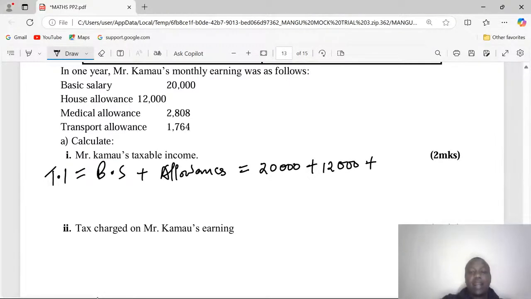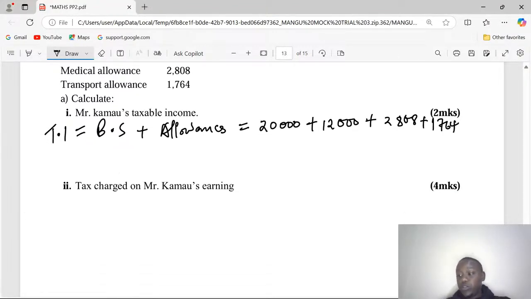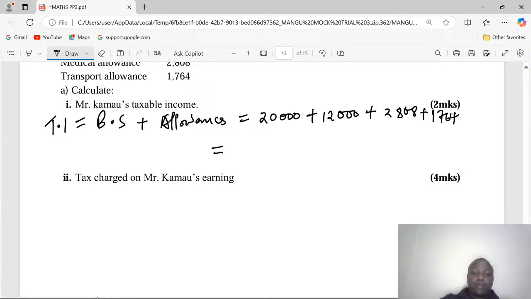So I'm adding 20,000 the basic, 12,000 allowance, 2,808 allowance, 1,764 also allowance. So the total taxable income is supposed to be 36,572 Kenya shillings.